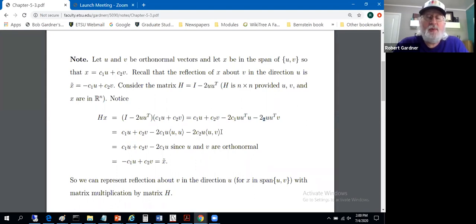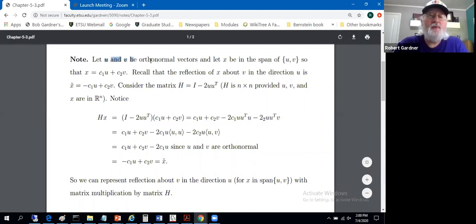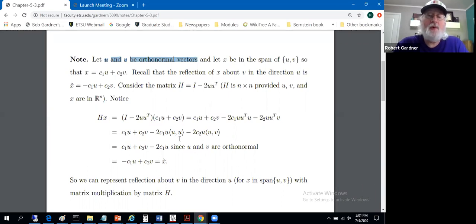Now, we started all this with u and v being orthonormal vectors. So they're orthogonal, and the inner product of u and v is 0. They have norm 1, so the inner product of u with itself is the norm squared of u, and that must be 1. So we lose the second term altogether, and the first inner product is 1.